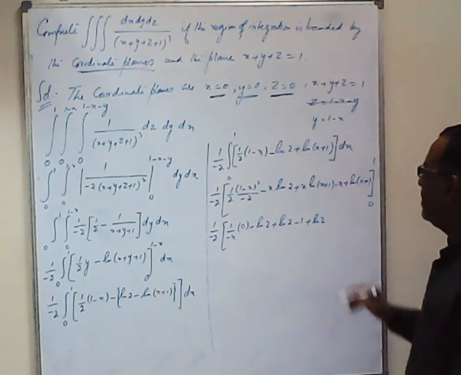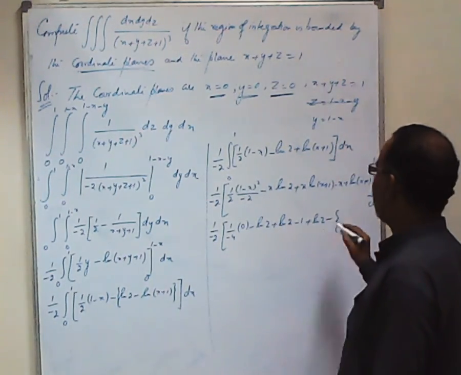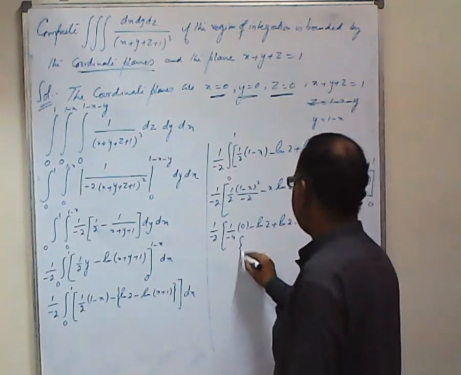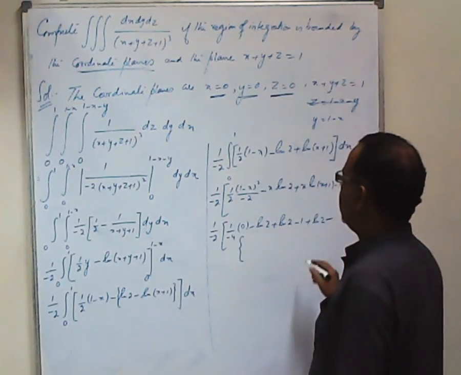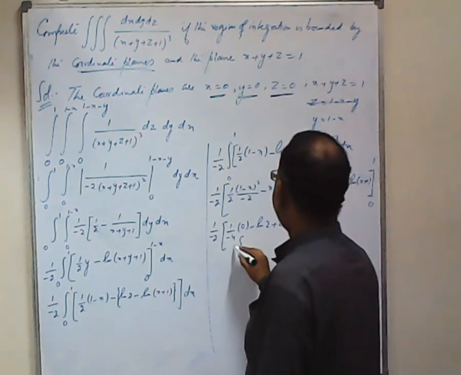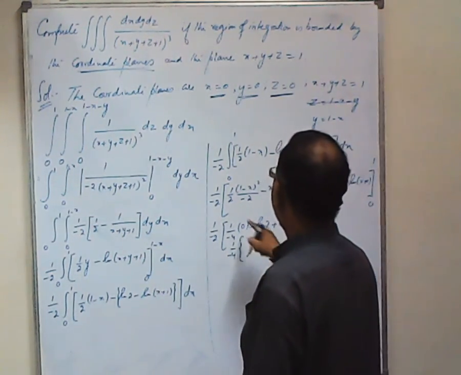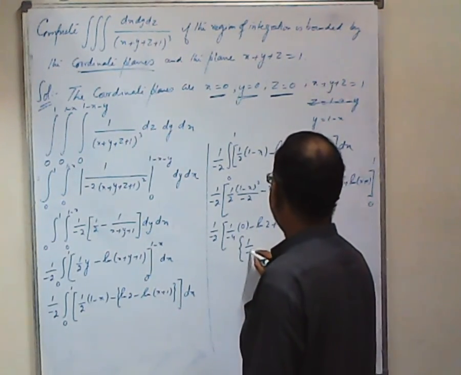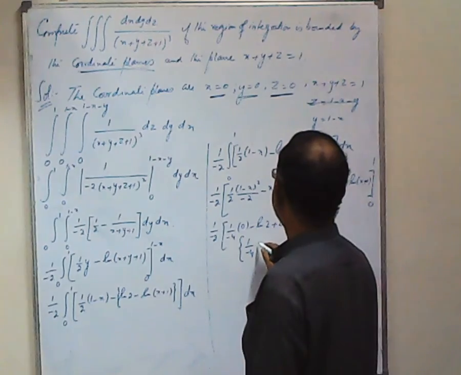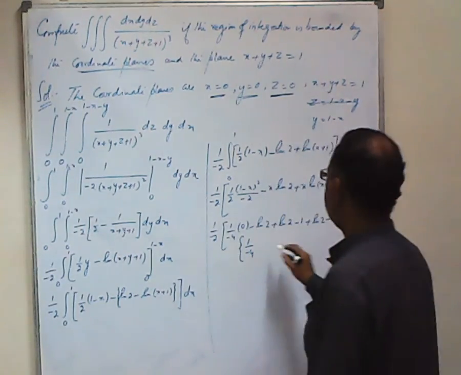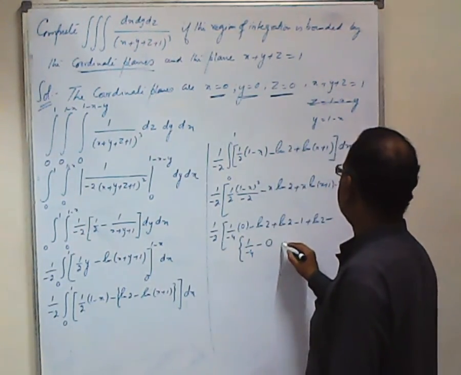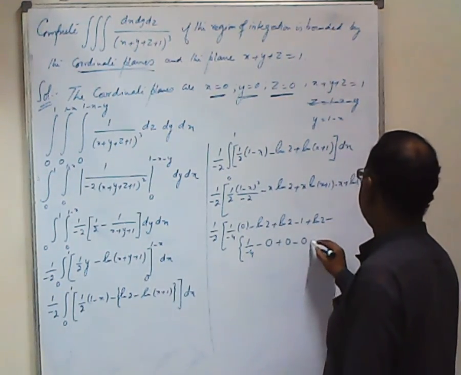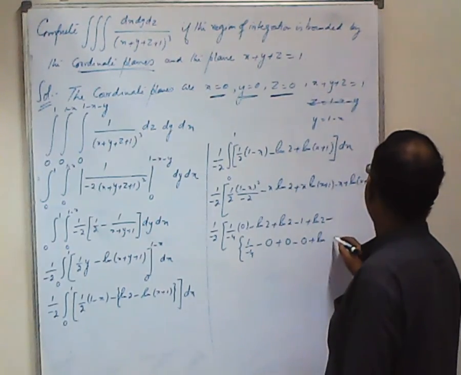This is upper limit, then minus the lower limit. So when we substitute, I am writing lower limit here. So minus lower limit means 1 upon minus 4 for this term. No, I will write minus 1 upon minus 4. 1 minus 0 is 1. 1 square is 1. Minus 0 plus 0 minus 0 plus log 1.